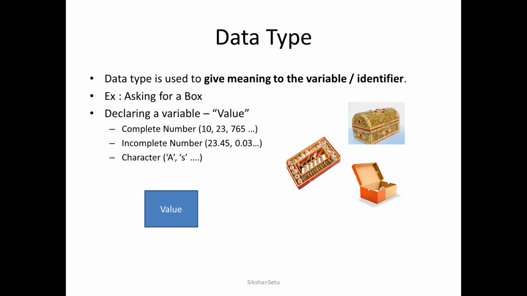So we have declared a variable, but we have not given the meaning to the variable: whether it will store integer numbers, or it is for fractional numbers, or for characters. This is not defined. So to define this, to give the meaning to the variable, we use data type.